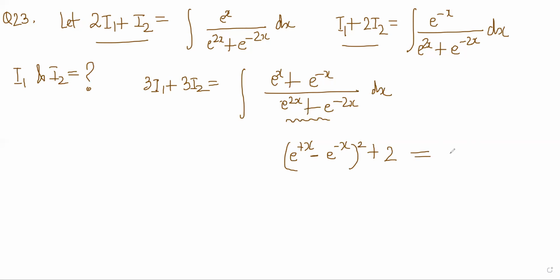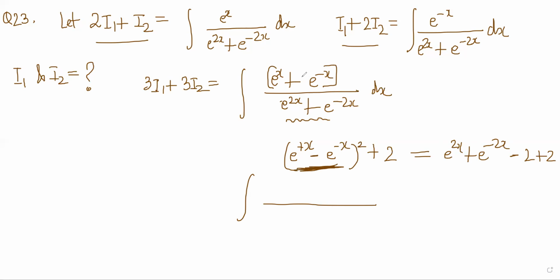Because then that will become e power 2x plus e power minus 2x minus 2 plus 2, right? And then if I write it like that, the top becomes the differentiation of the bottom, right? Differentiation of this is equal to the top part, which is what I want.